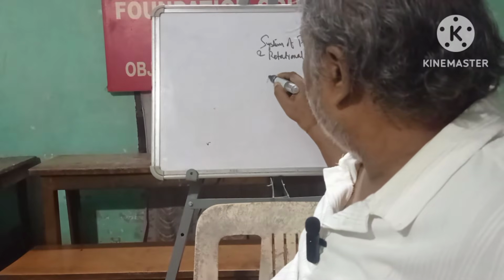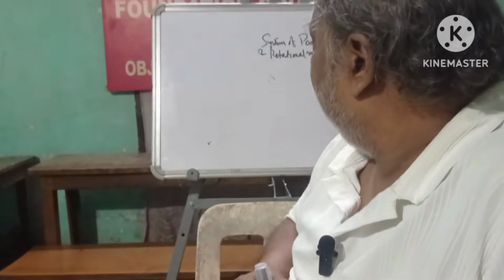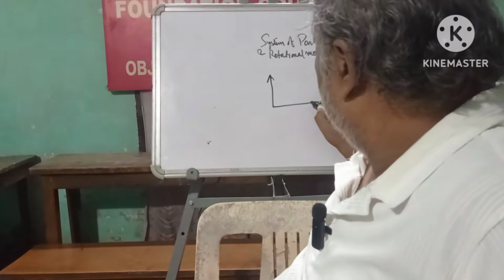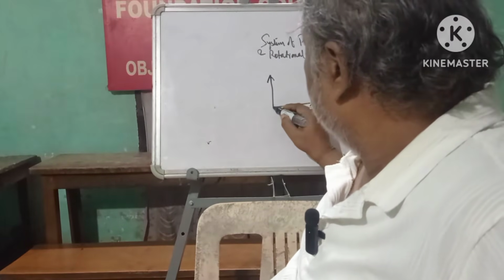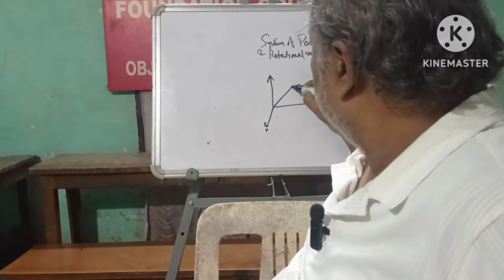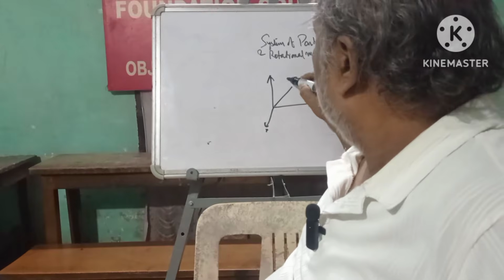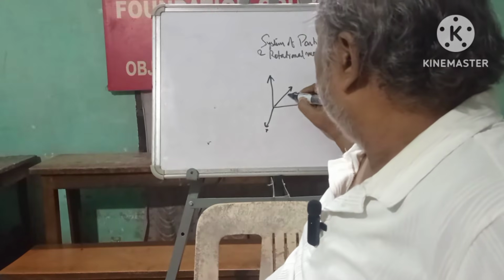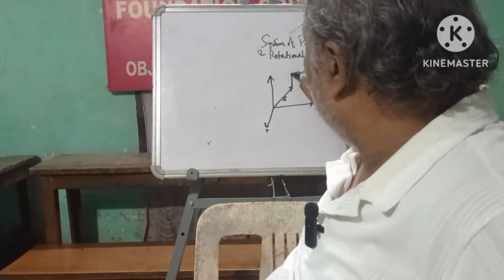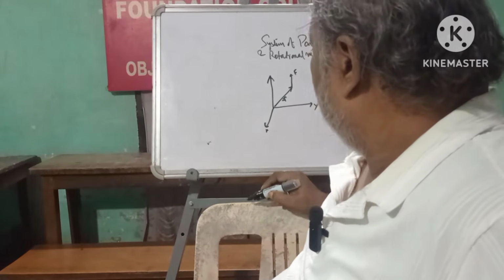Now, some directions you can consider here. You have seen that this is y, this is x, and the position vector is in outward direction, and your force is also in outward direction.